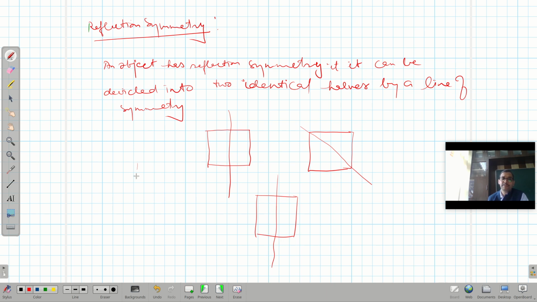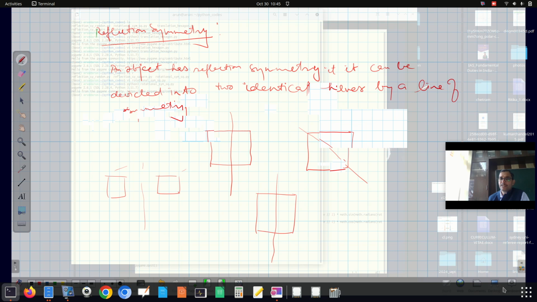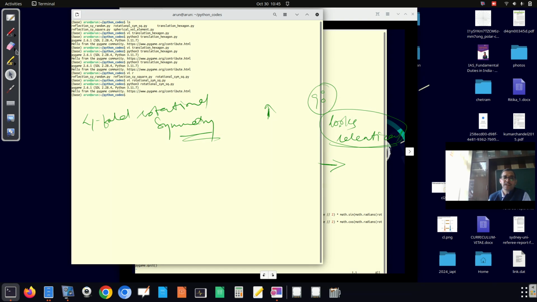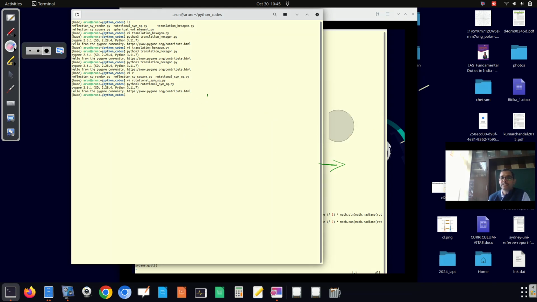Or if we place a mirror over here, this looks identical to this, then we can say that it has reflection symmetry. I have written a small code regarding this. Let us have a look at that.